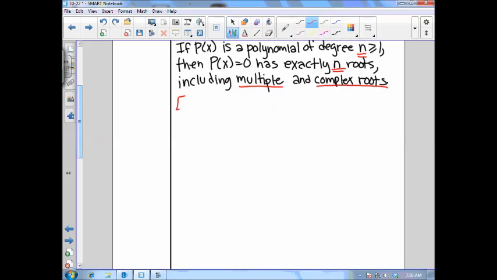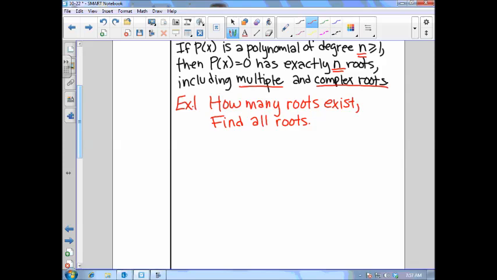For example 1, answer how many roots exist, and then find all roots.